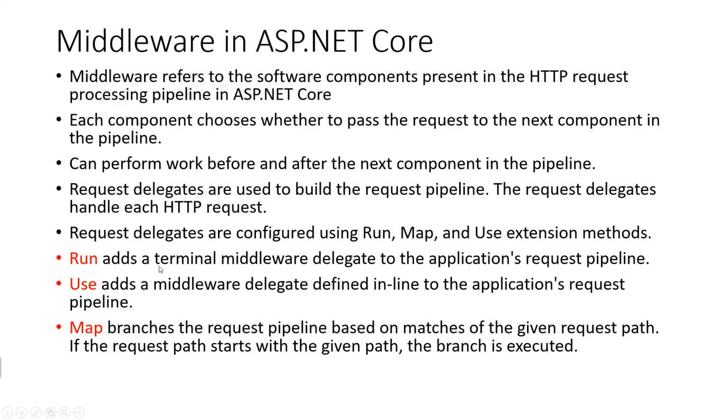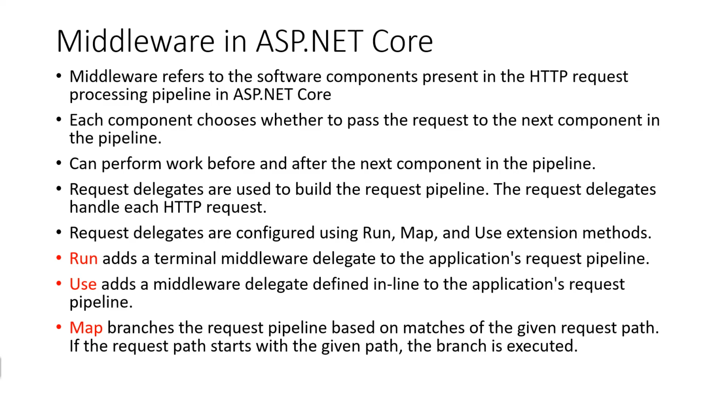Run adds a terminal middleware delegate to the application's request pipeline, and Use adds a middleware delegate defined in-line to the application's request pipeline. Map is based on matches of the given request path, and if the request path starts with the given path, the branch is executed.